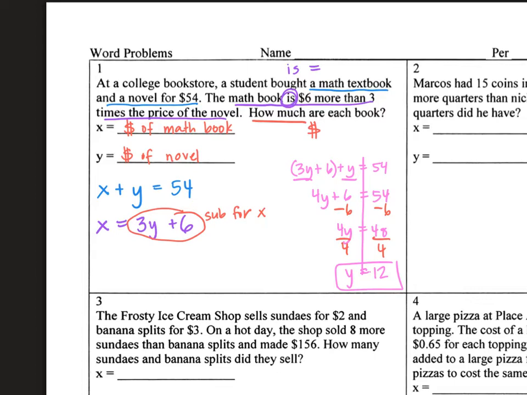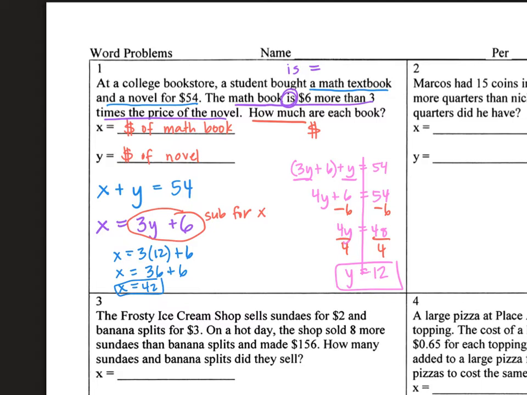If we plug that into the second equation, instead of x equals 3 times y plus 6, it's going to be x equals 3 times 12 plus 6. 3 times 12 is 36, and if we add 6, that'll give us 42.